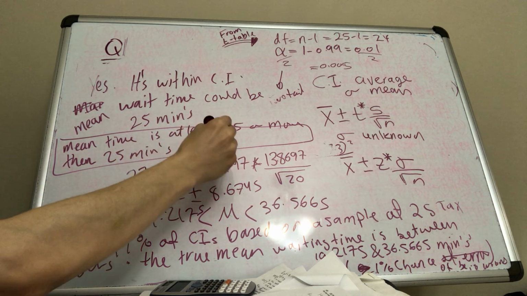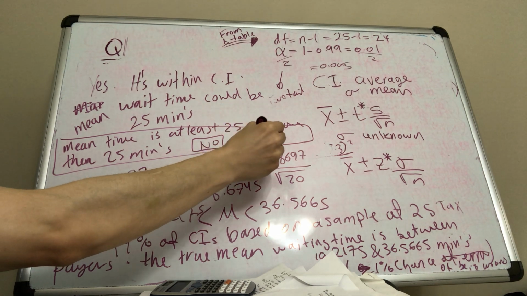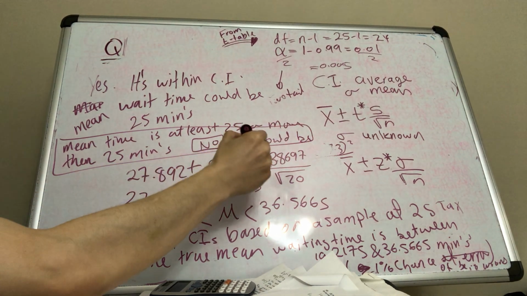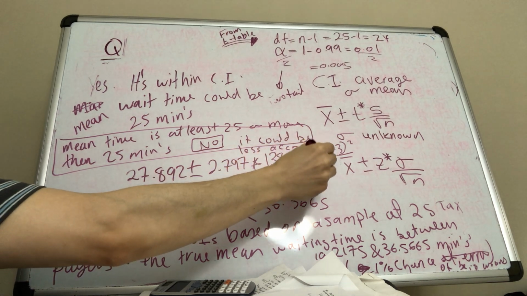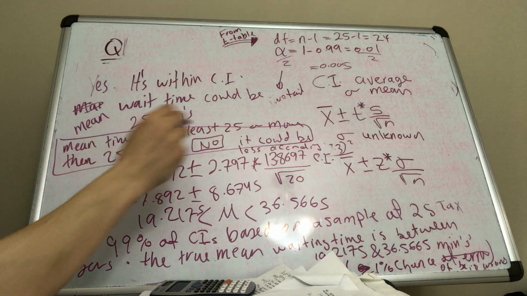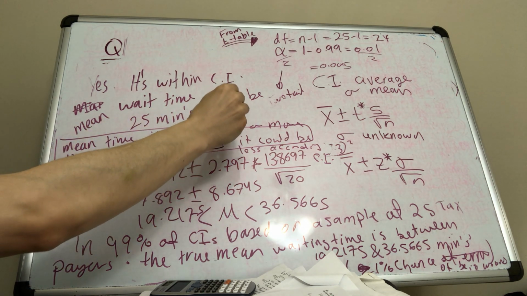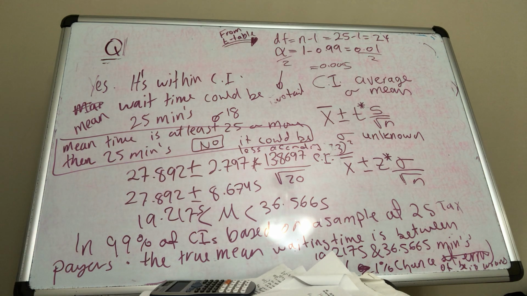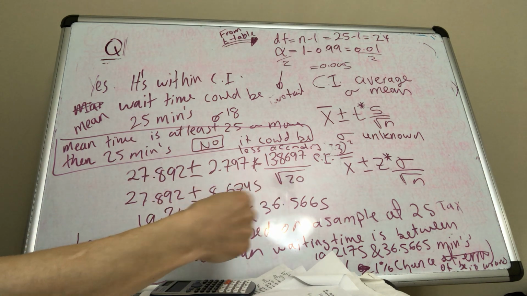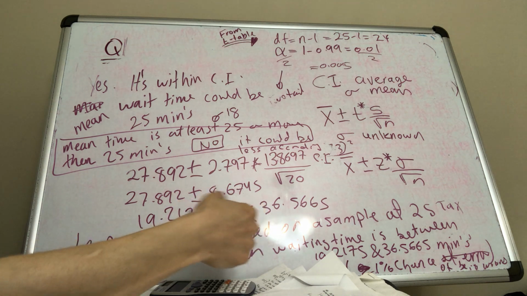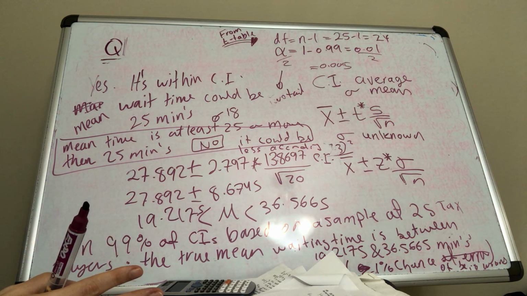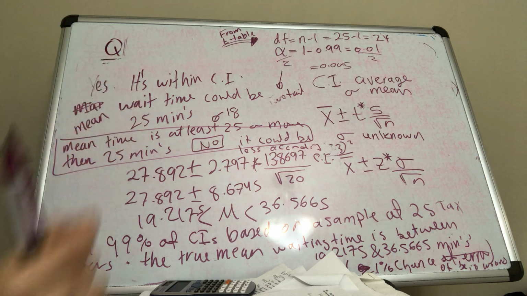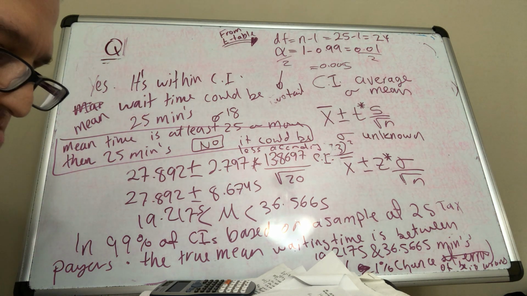No. It could be less according to our CI. But if they say at least 18 minutes, you say yes, waiting time is at least or more than 18 minutes because both numbers are more. So if they say more than 18, yes, for sure. But more than 25 or more than 30, no. And if they ask for a specific number, it just needs to be within the confidence interval.